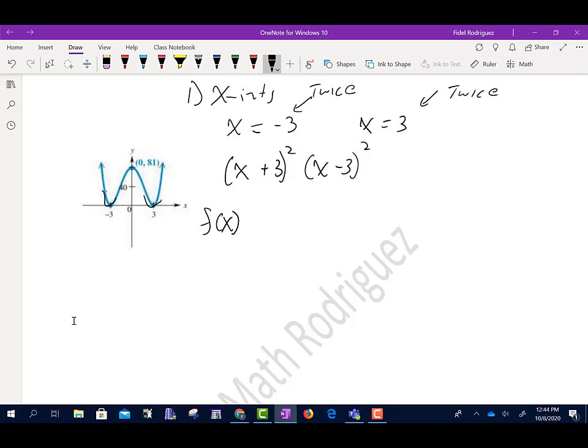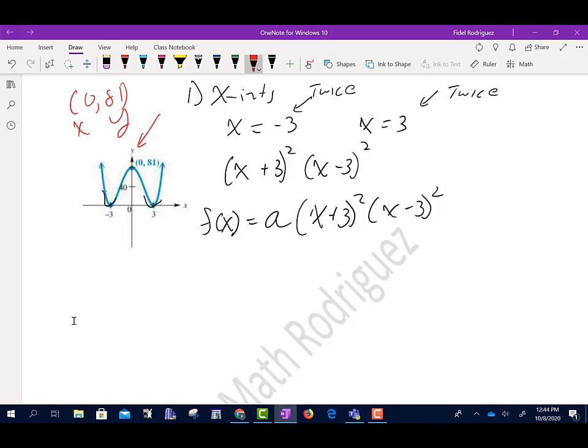So then when we start to write this thing out, it's going to look like this. a times x plus 3 squared, x minus 3 squared. Okay? And my point right here is the point 0 and 81. Remember, this is my x and this is my y. So 81 is equal to a times 0 plus 3 squared, 0 minus 3 squared.